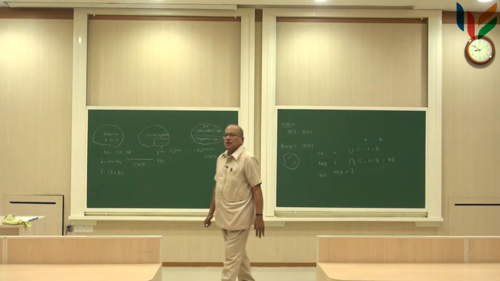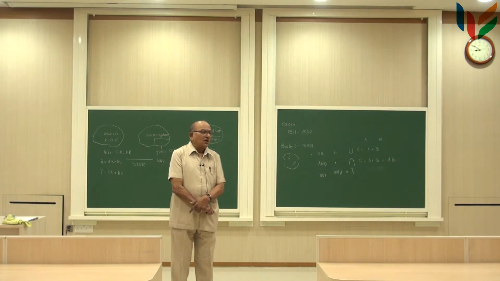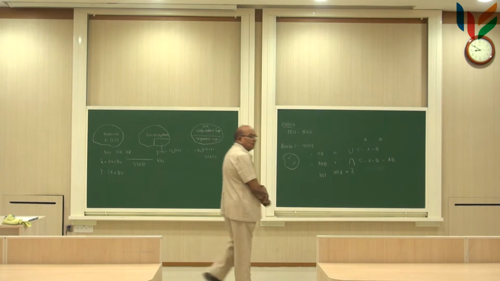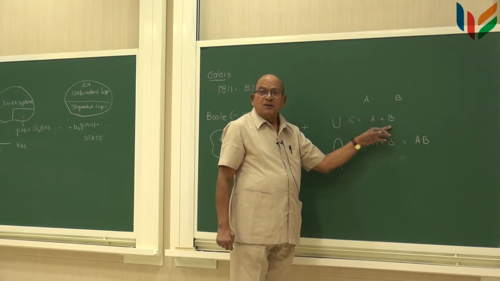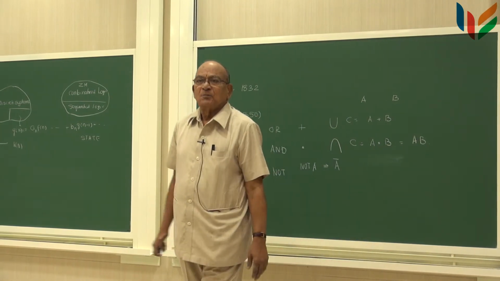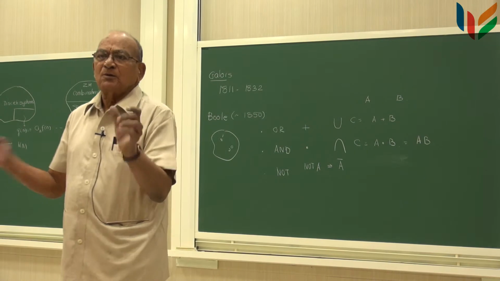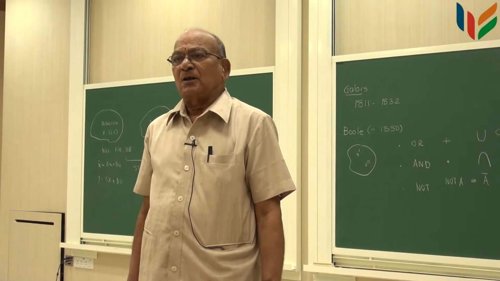So these are the three operations defined on the members of the set, and there must be rules of the game: what is A plus B and what is A into B. That means if I do an operation on two variables A and B, what is the resulting value C?